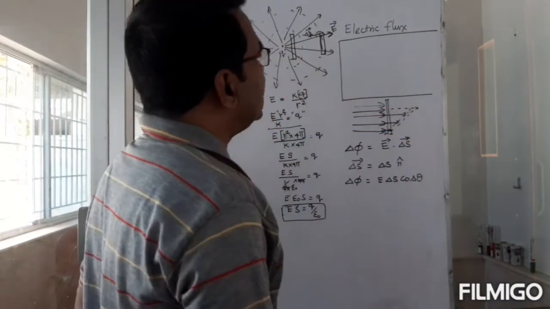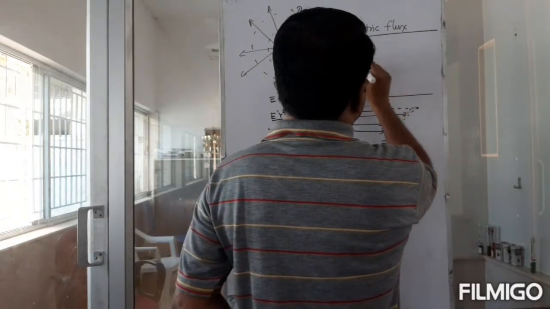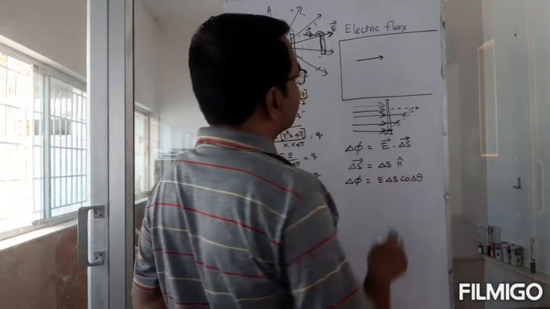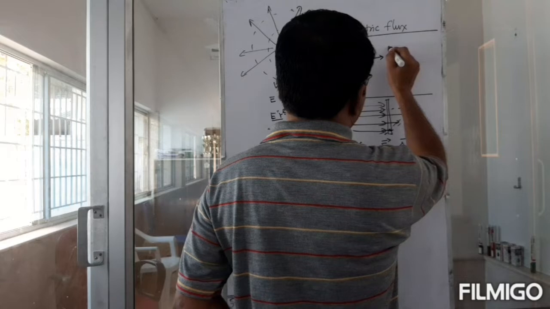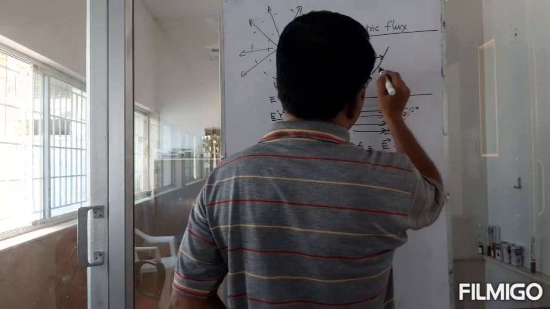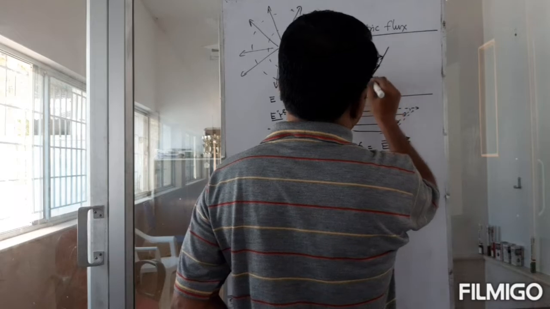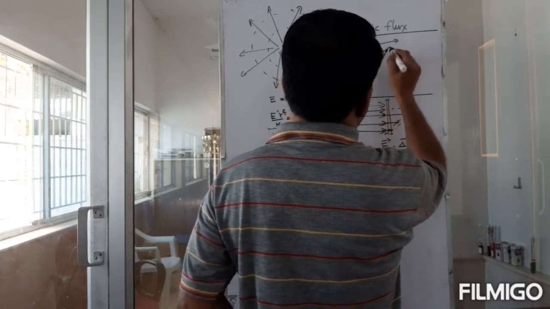Let's say this is the direction of the flow, and let's say your area is something like this. I've kept the area, the mirror, like this. So there are lines like this, and lines like this, and lines like this.